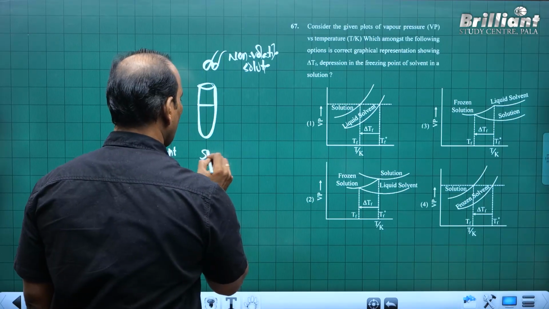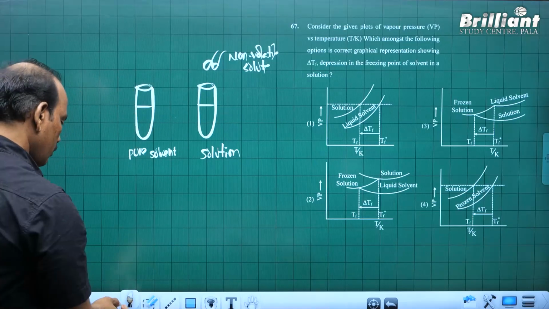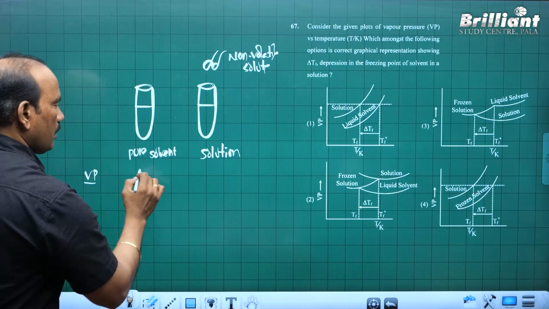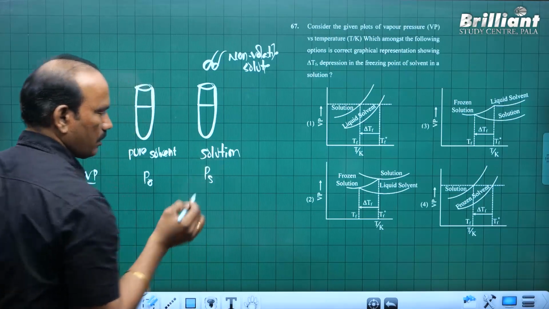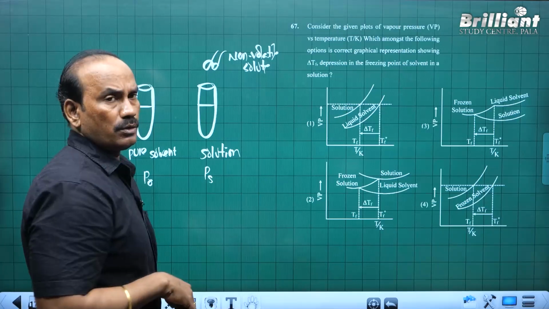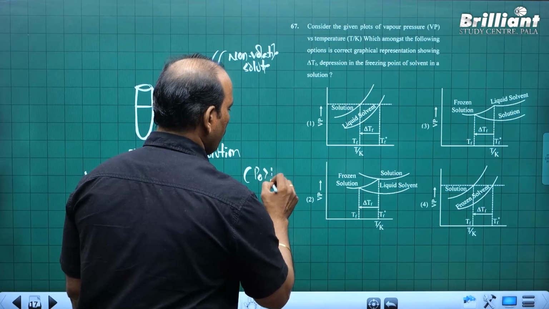That's why this is a solution. According to that, here vapor pressure: this is P0 and this is PS. Clear? What is the higher value? Due to the non-volatile solute, the vapor pressure of the solution decreases, so P0 is greater than PS.